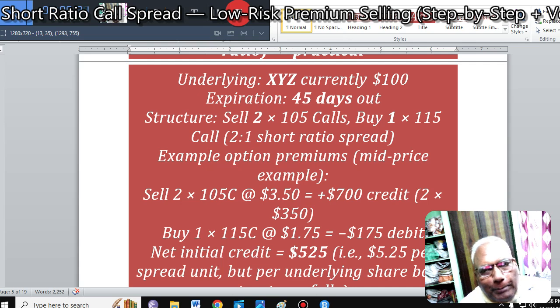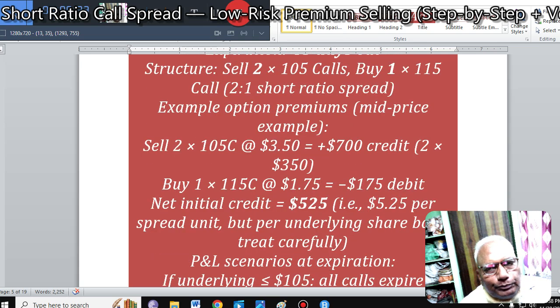Example option premiums, mid-price. Sell 2 of the 105 calls at $3.50 each, equals a $700 credit.